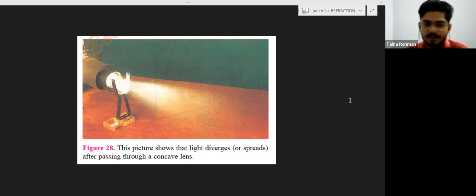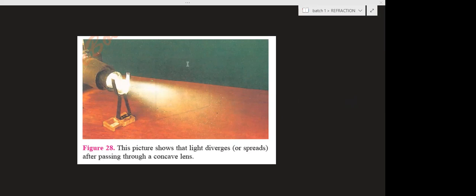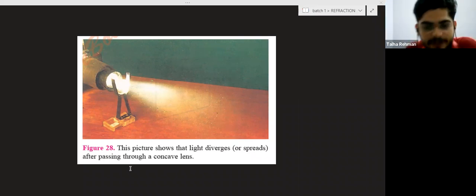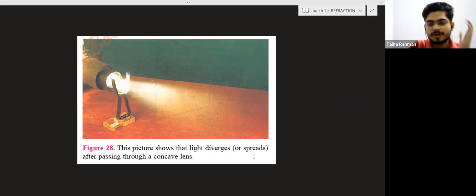Okay, what is written here? This picture shows that the light diverges or spreads after passing through a concave lens.